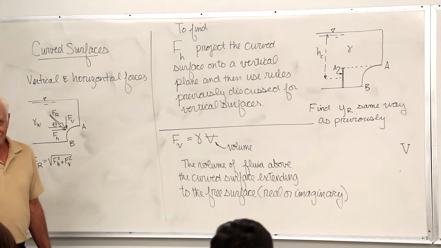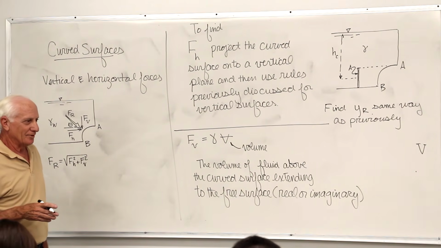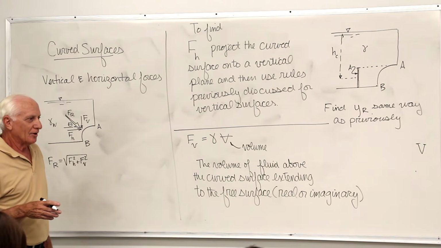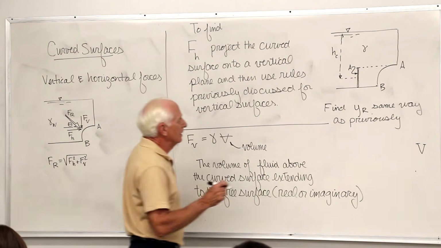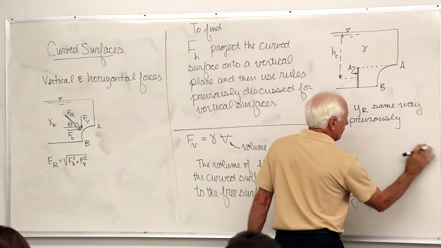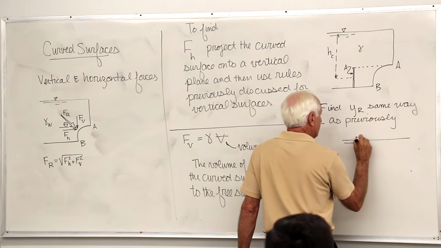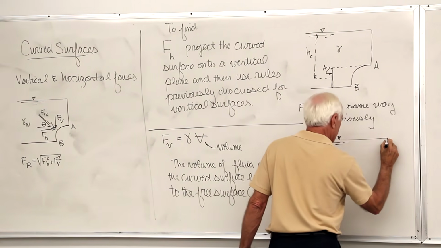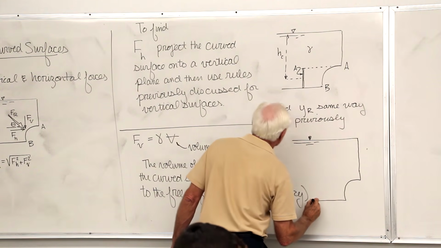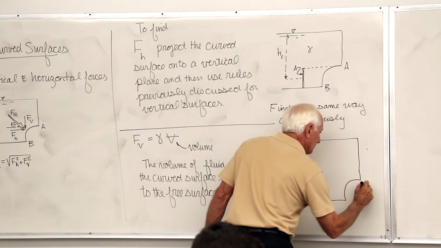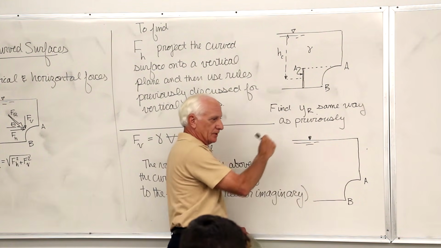Okay, the equation is very simple. Gamma of the fluid times the volume of the fluid above the curved surface, going all the way vertically to the free surface, whether that is real or imaginary. Okay. Surface AB, free surface.